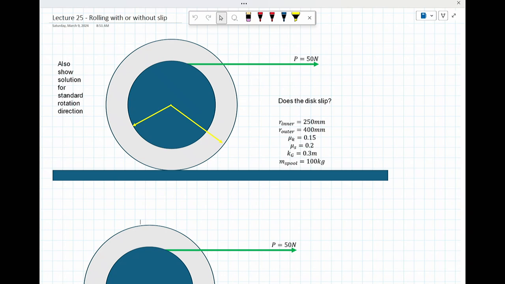You have a force that's applied at the very top. Before you begin this problem, write in your notes which direction you think this will rotate, and why. That helps you understand why things get a little bit weird.